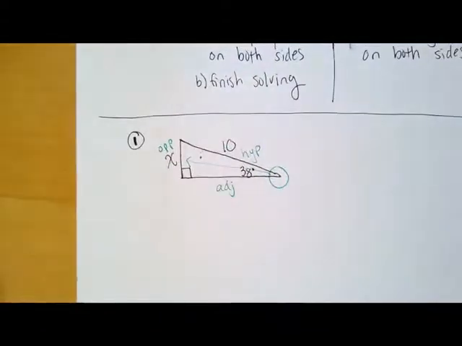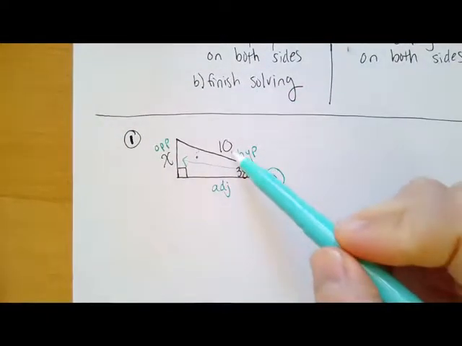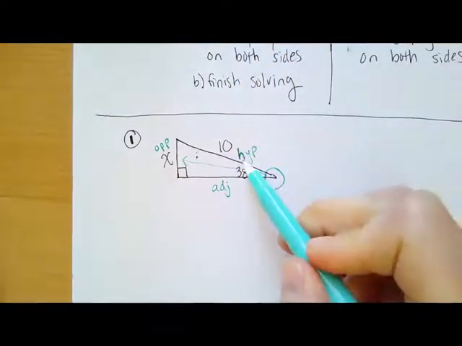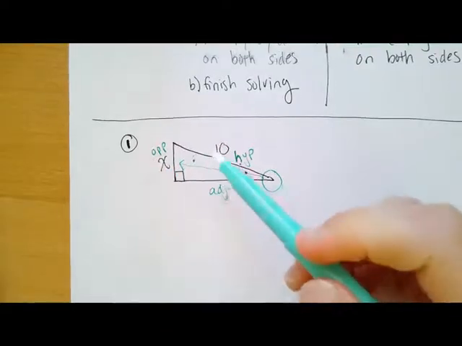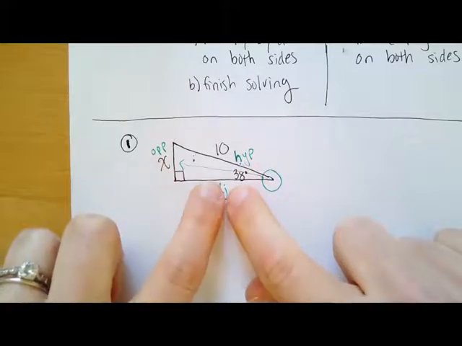If we divide by 10 and then turn around and multiply by 10, those cancel. What I have left is 10 times the sine of 38 degrees equals x. At this point I'm essentially done because I have x isolated, it's by itself, and all I have to do is type this into my calculator.